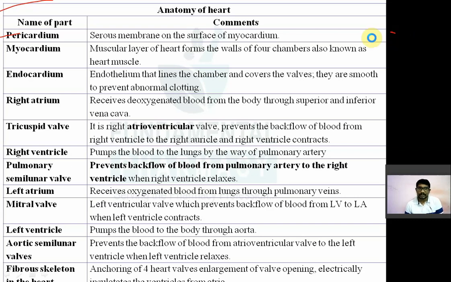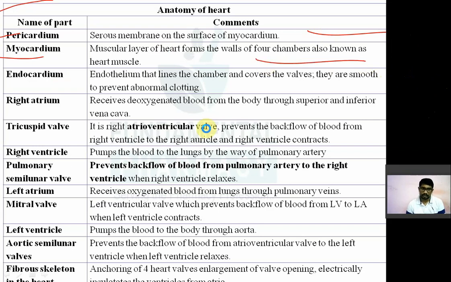Now the myocardium is the muscular layer of your heart. This muscular layer is in all four chambers; the walls of the four chambers are made up of this muscle, known as heart muscle.